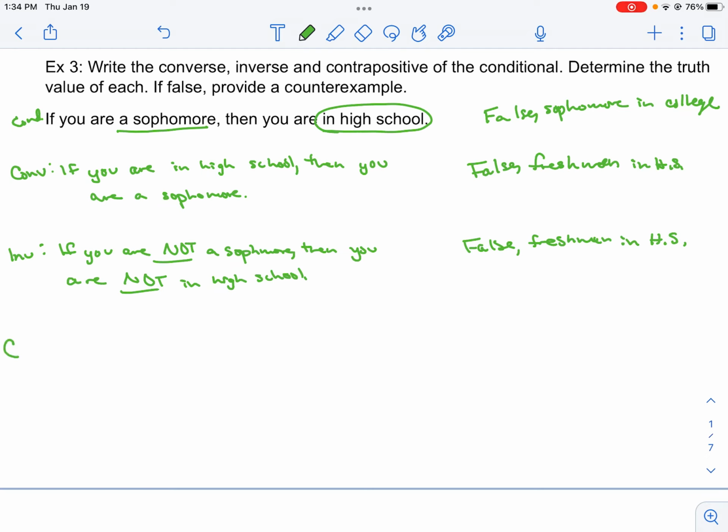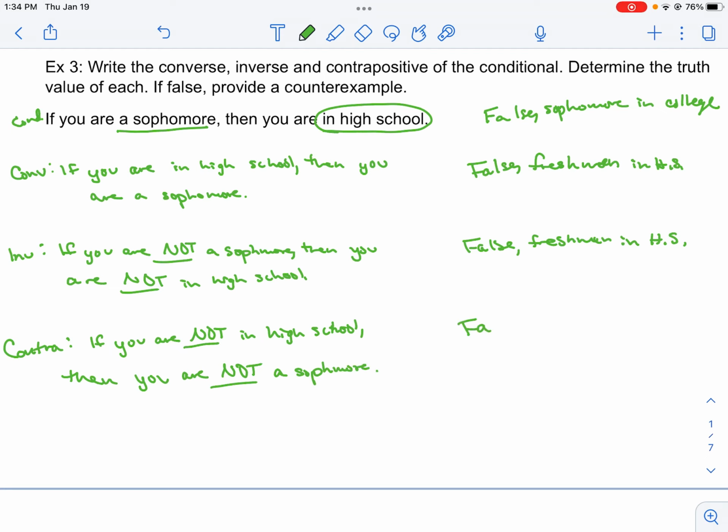And last but not least, contrapositive: if you are not in high school, then you are not a sophomore. False, because you could be a sophomore in college. If you're a sophomore in college, you're not necessarily in high school. Technically, you could be if you're dual credit, but we're not getting into those picky details.